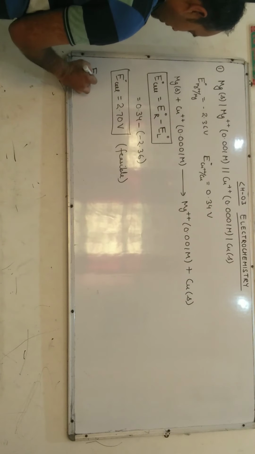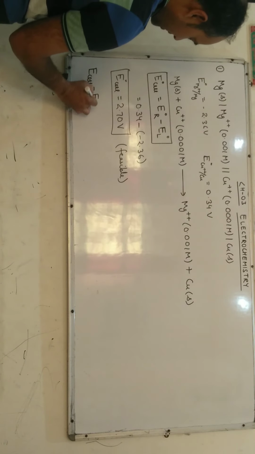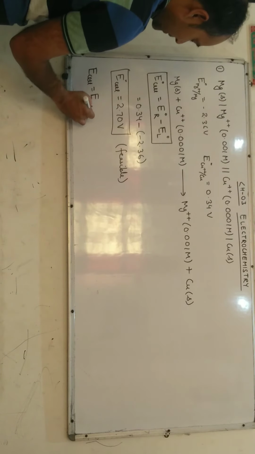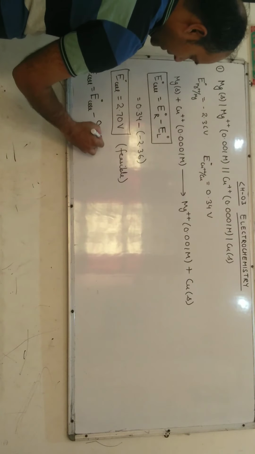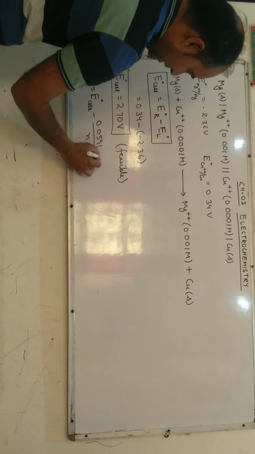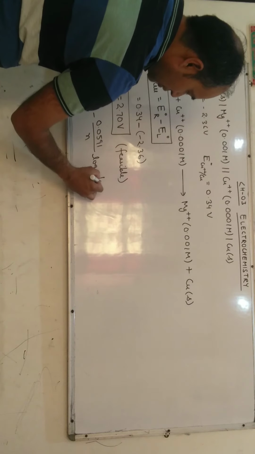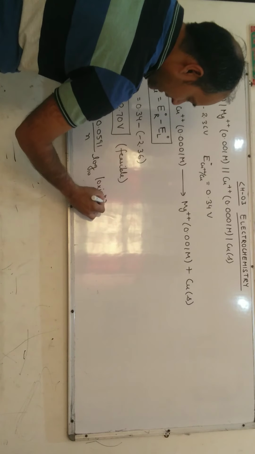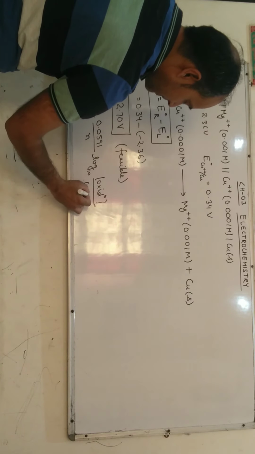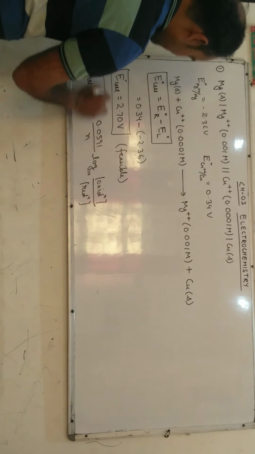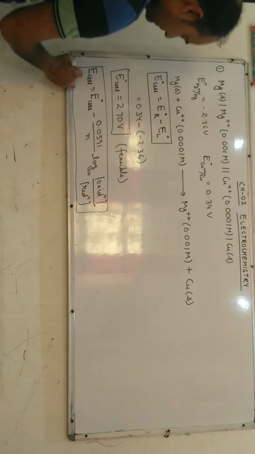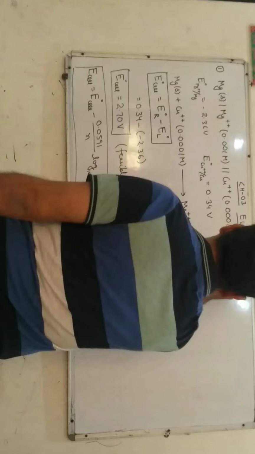Now apply the Nernst equation. According to the Nernst equation, E cell is equal to E naught cell minus 0.0591 upon n log base 10 concentration of oxidation by concentration of reduction. Now substitute the values.